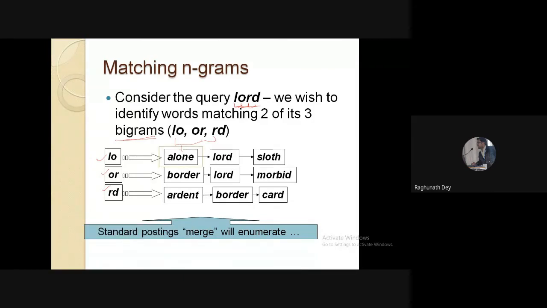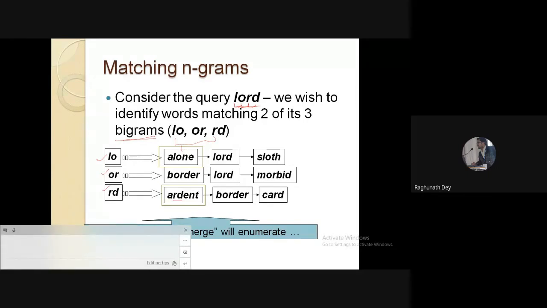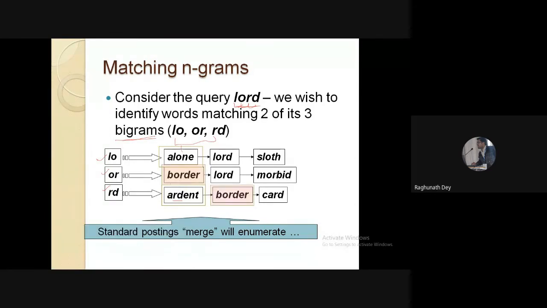So first of all, the first one, alone: only one matched, that is LO. Have I found OR and RD? No. Then come to ardent, the first word of this third line. Only RD is matched, and no more bigrams are matched. Then come to here. That is OR.